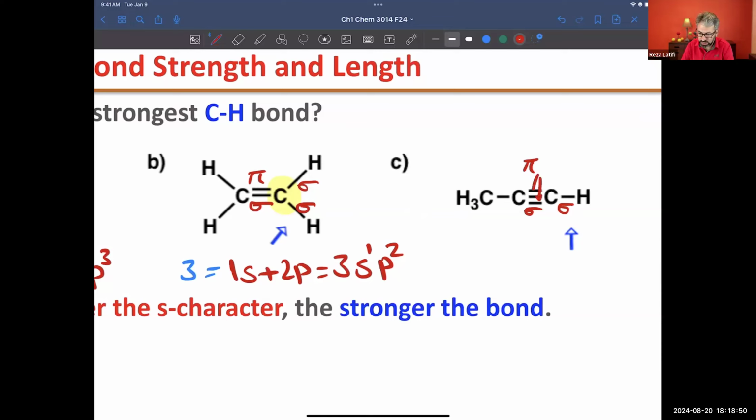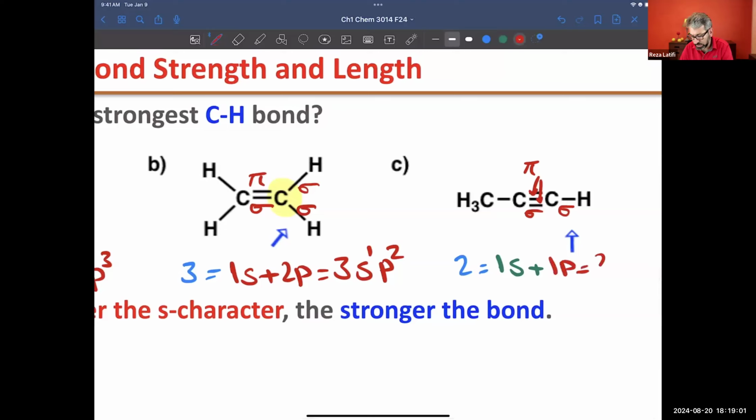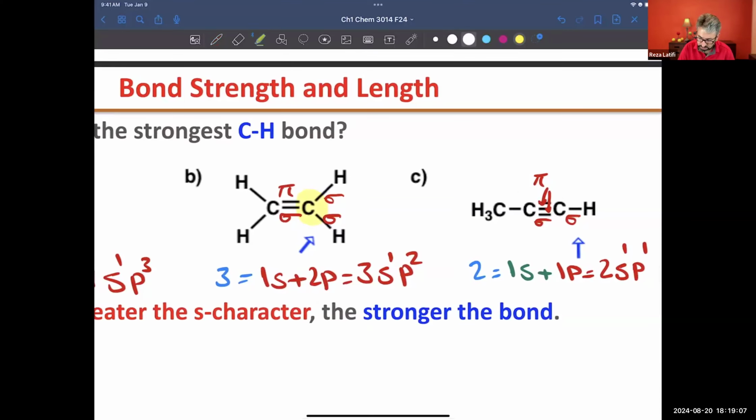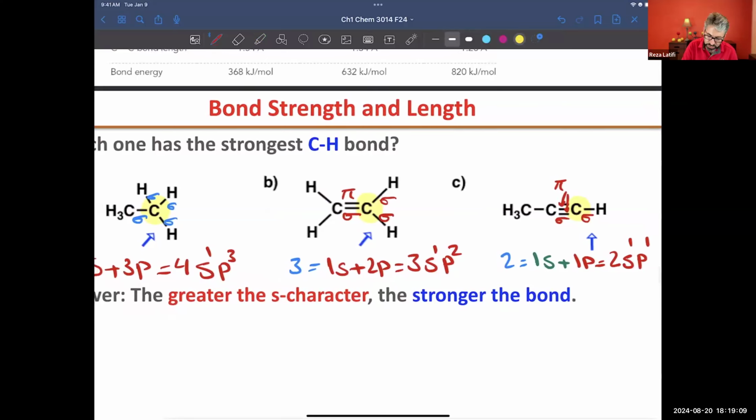We don't care again about the pi bonds, so I have 2 sigma bonds. I need 1 from S and 1 from P. That's going to give me 2 orbitals of S1, P1. So for those carbons, I got sp3 here, sp2 there, and this carbon sp.